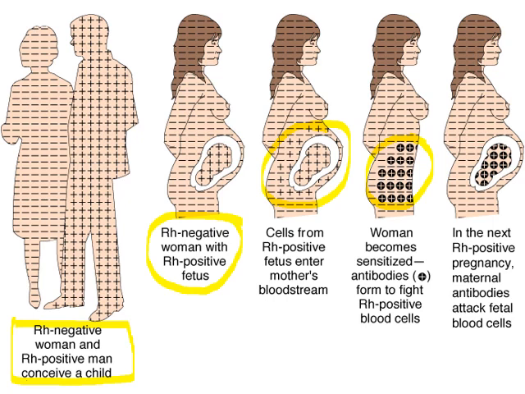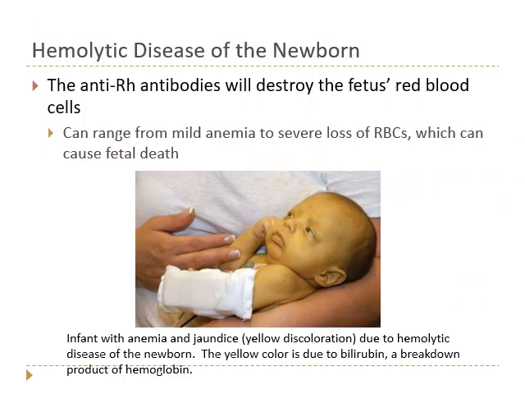That's what those little dark circles are supposed to represent, antibodies. So either later in that pregnancy or in a next pregnancy, right, those antibodies can cross the placenta and affect the baby by attacking its red blood cells.